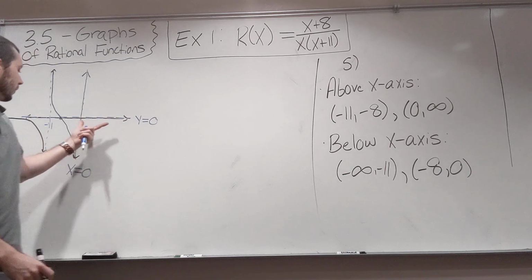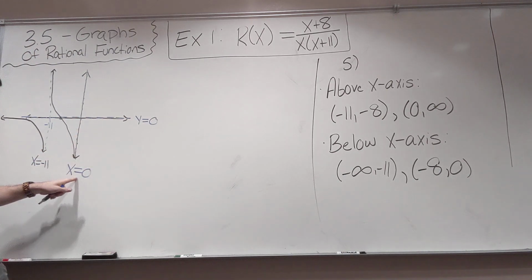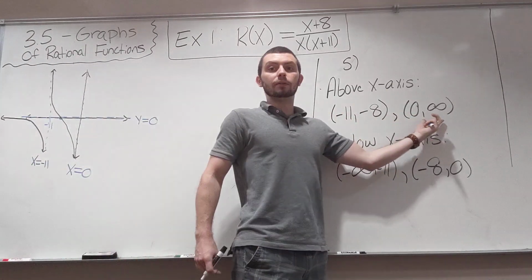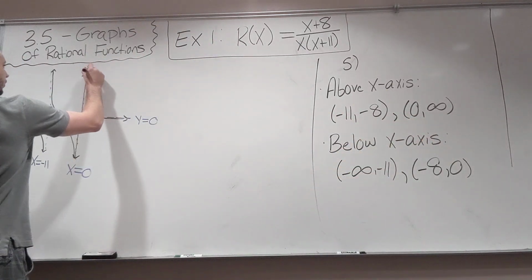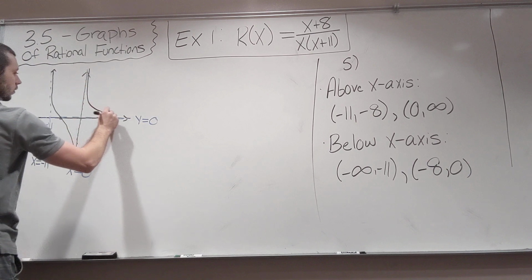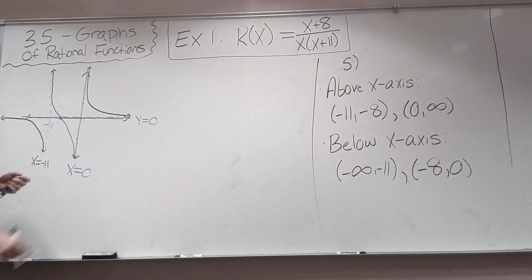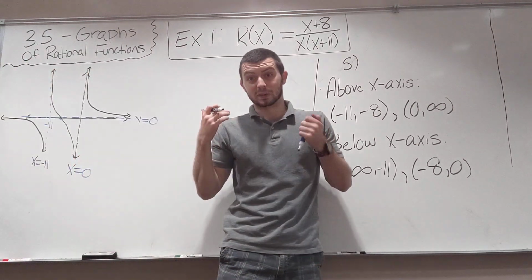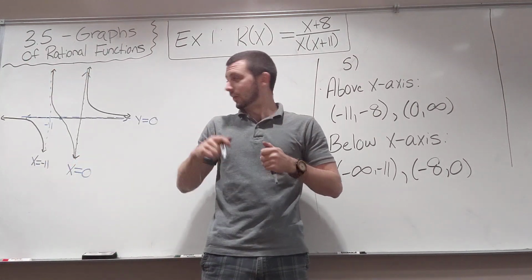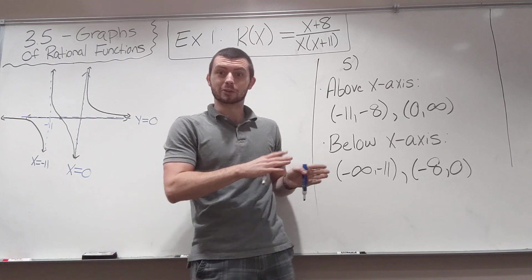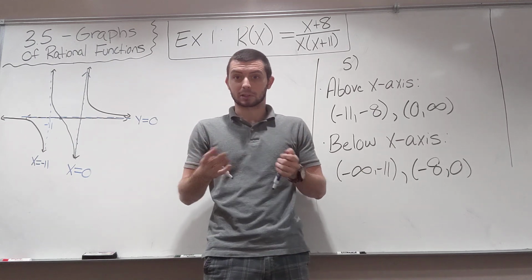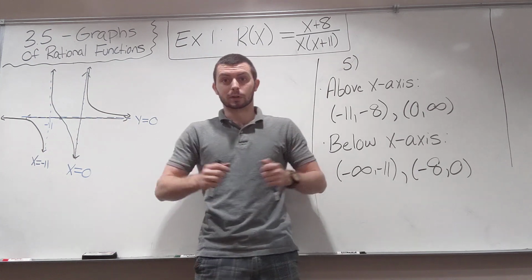And then finally, we have from 0 all the way until positive infinity, which we know is above the x-axis, which is why the graph will do precisely this. And yes, it is a lot of parts, and there will be quite a few like this. So I'm going to go through as many as my time allots, but that would conclude this problem.